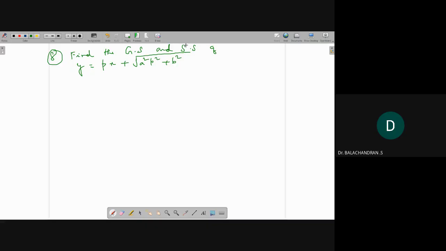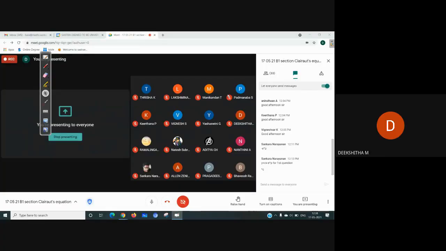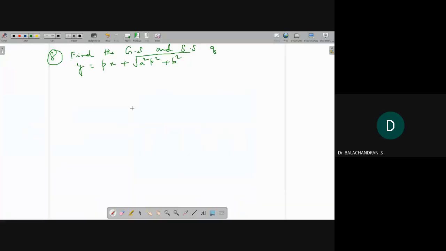Okay, I got the answer for this problem. Anybody? I got the values for x and y, sir. Okay, please tell what the values of x and y are.